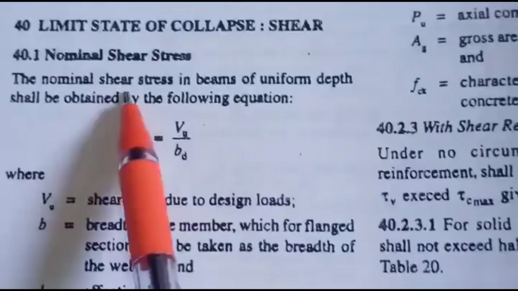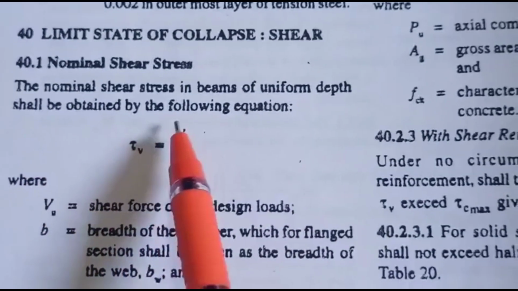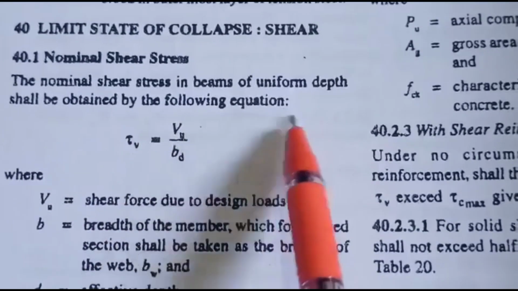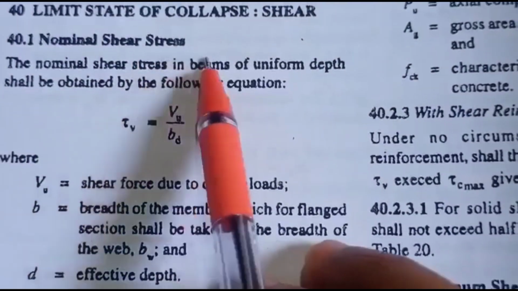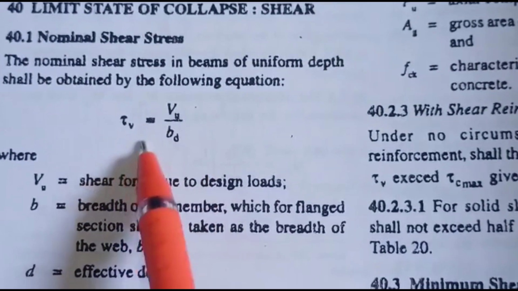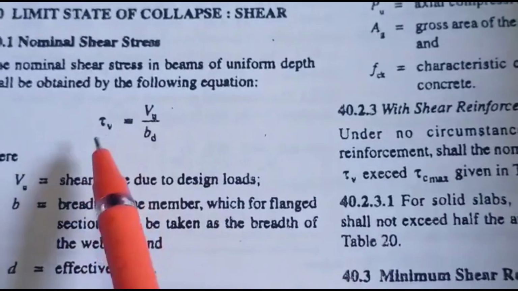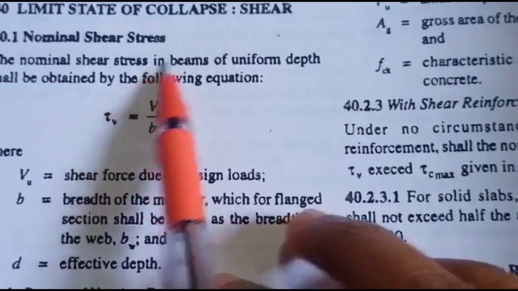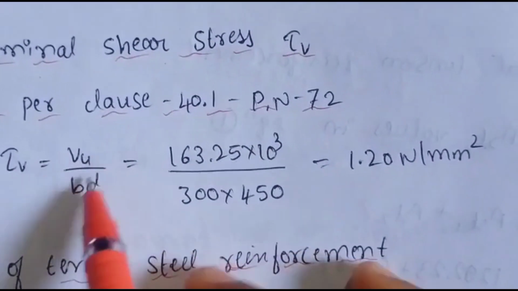The nominal shear stress in beams of uniform depth shall be obtained by the following equation. Tau is equal to Vu divided by B into D. By using this formula we will calculate the nominal shear stress. Let's see. So tau is equal to V divided by BD.